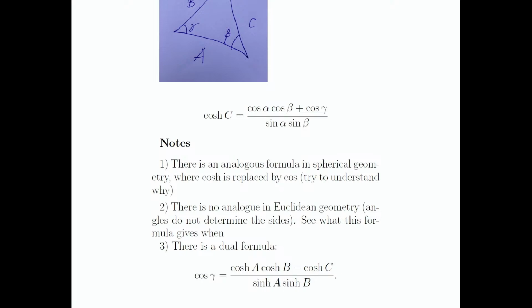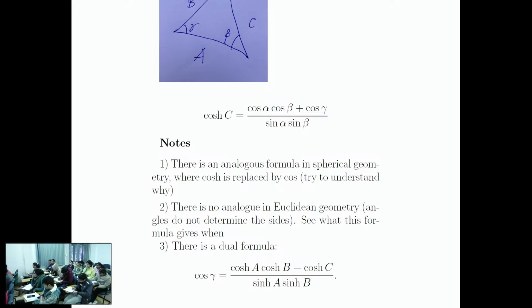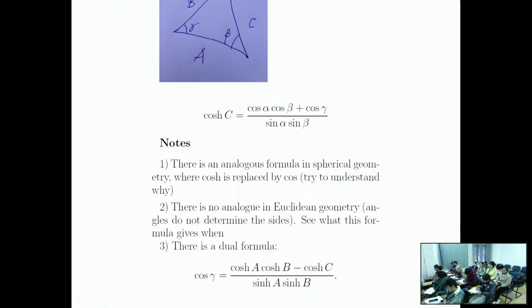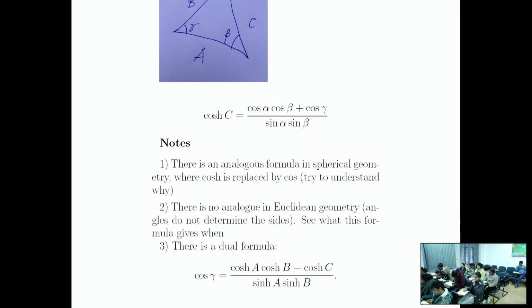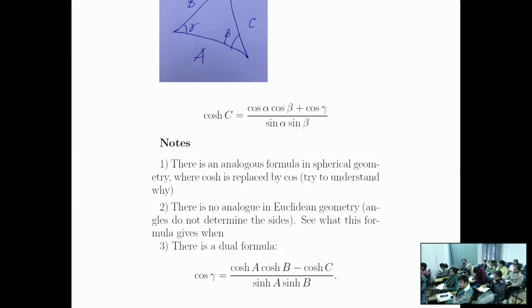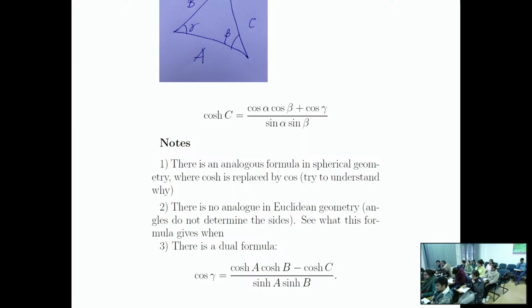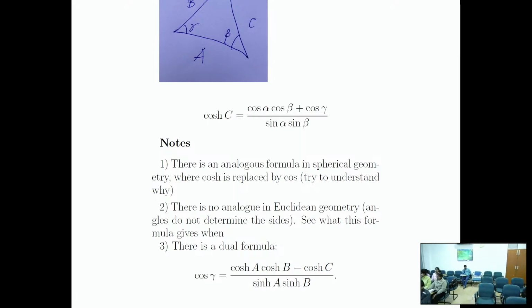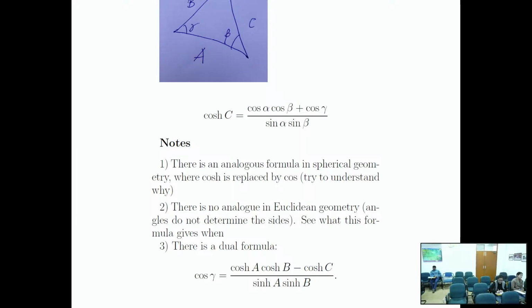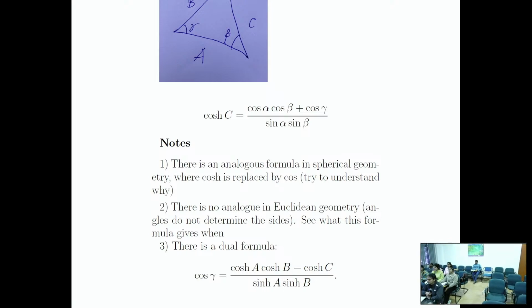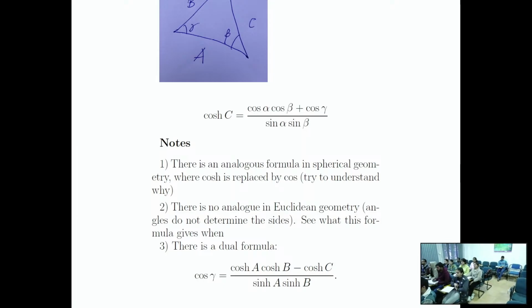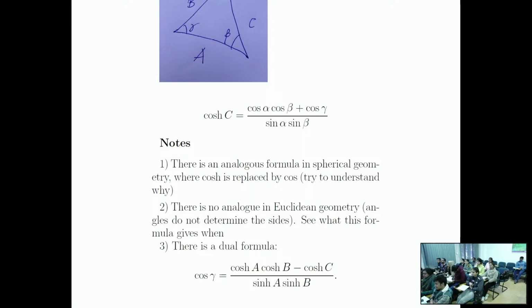This is polarity theory. Polarity theory in spherical geometry means more or less that for any given spherical triangle, you have another triangle where the sides of the one are the vertices of the other one, and vice versa.